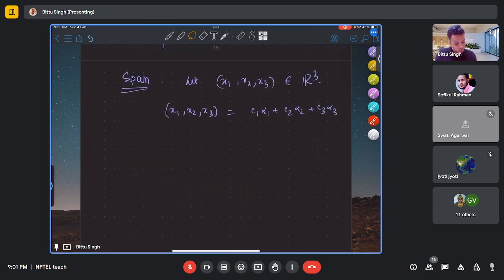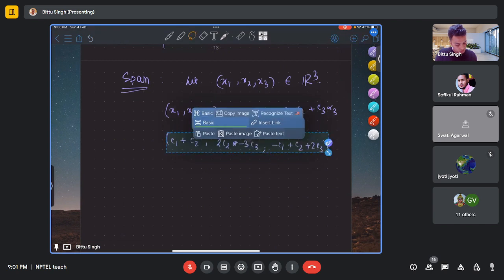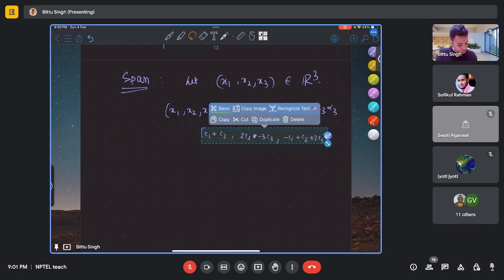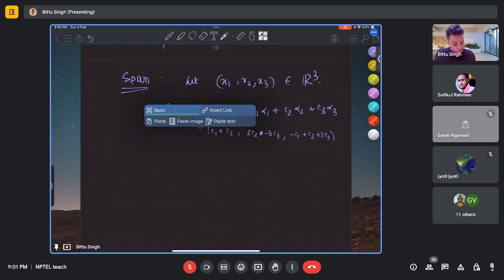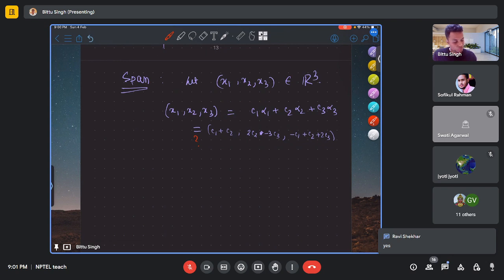So, can you write this? First we assume C1, C2, C3 belong to the real numbers. If this system has a solution, then the answer is yes. We can write it in terms of the solution.